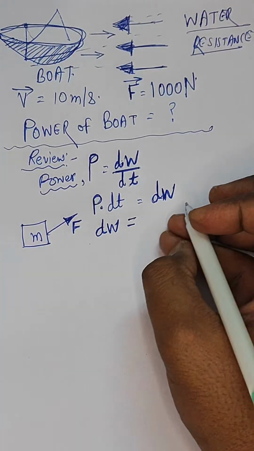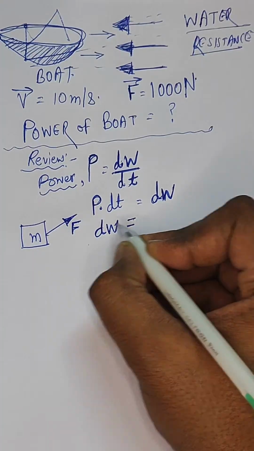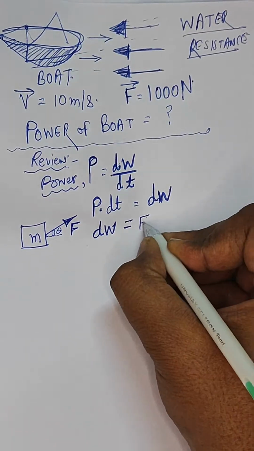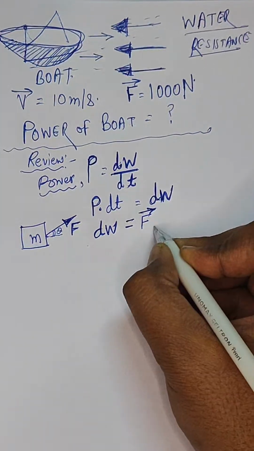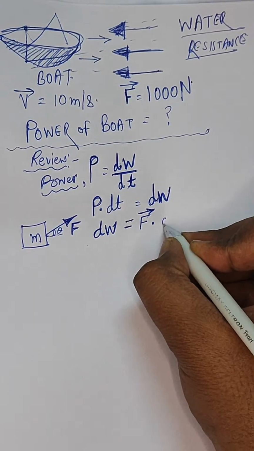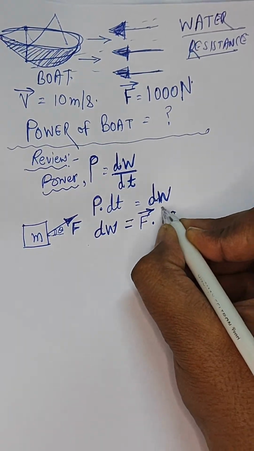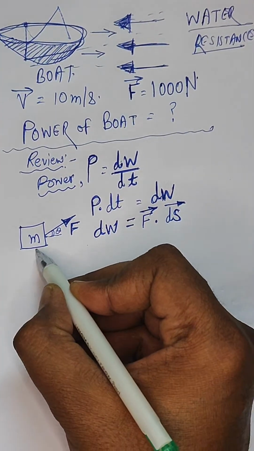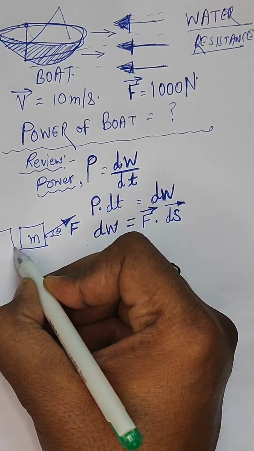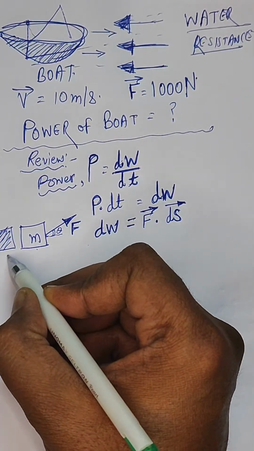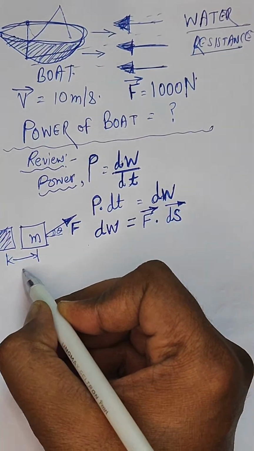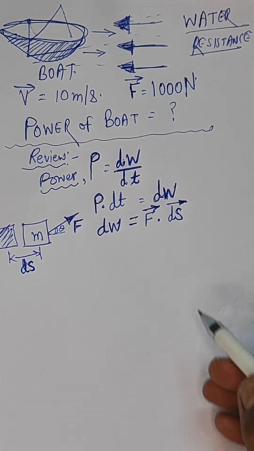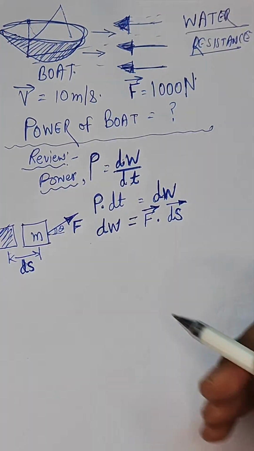So this is represented as work done, in this case when theta is this angle, then work done is the dot product of the force applied and the displacement, right. Because if this mass moves from this place to this place, and ds is that displacement, then F dot ds is the work done, right?